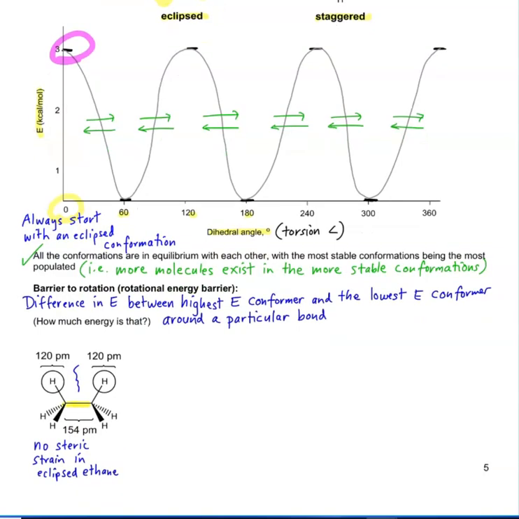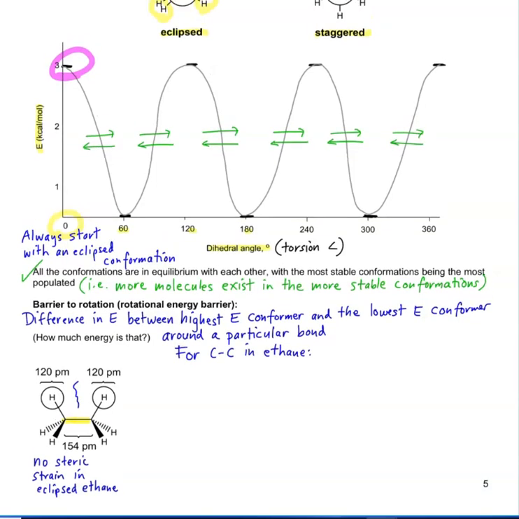So in the present case, for the carbon-carbon bond in ethane, the barrier to rotation is 3 kilocalories per mole.